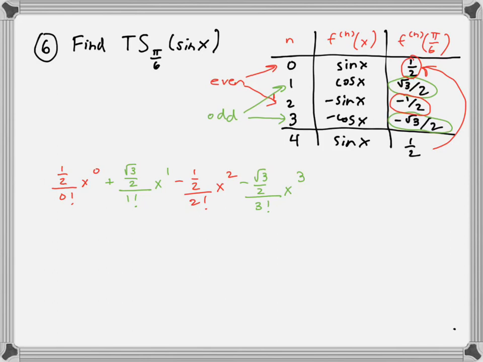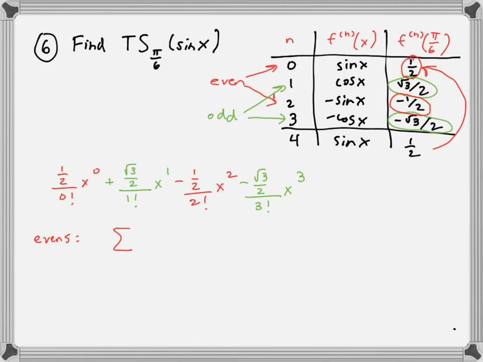So let's do all of the evens as one series and all the odds as the other series, okay? So we do actually need to write it as two different series. So what are the evens going to give us? Okay, well, I know that I have a 1/2, so you know what I'll do is I'll write it like this.